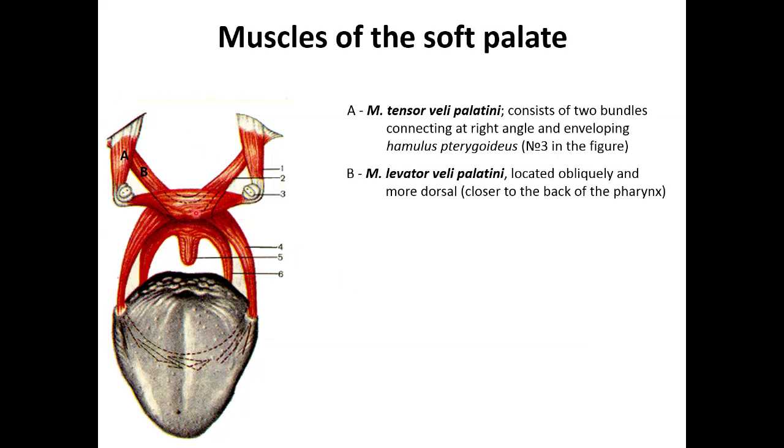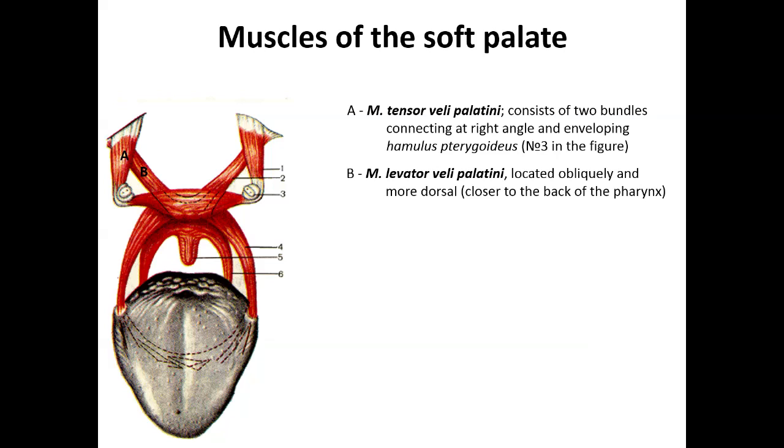So these two muscles are located superiorly to the palate, and two other muscles are located inferiorly to the palate. Here it is, the palate, so these muscles are inferior to the palate.